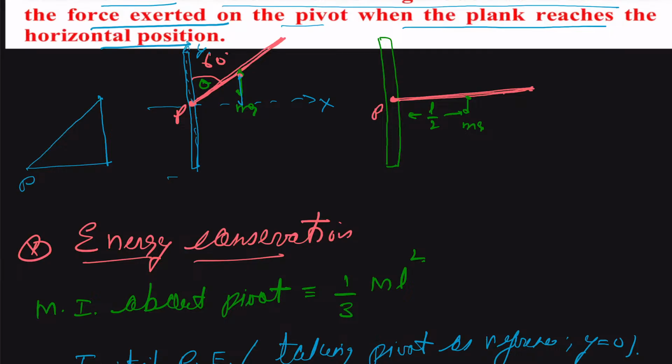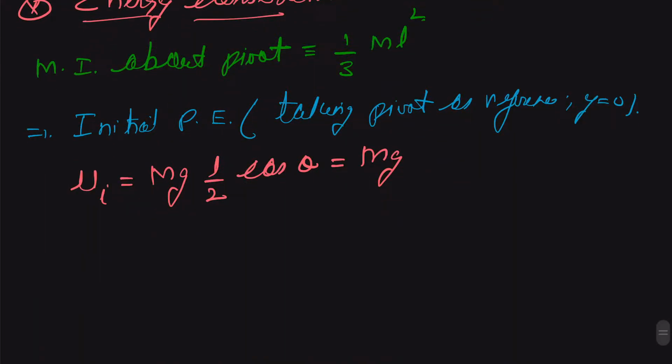This is point P, let us call this point C, and this is R. This is the height h of our center of mass. So we get mg L by 2 and cos of 60, and cos of 60 is 1 by 2, so this comes as mg L by 4.